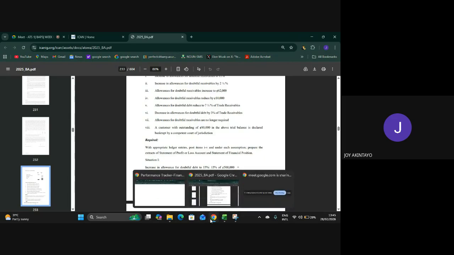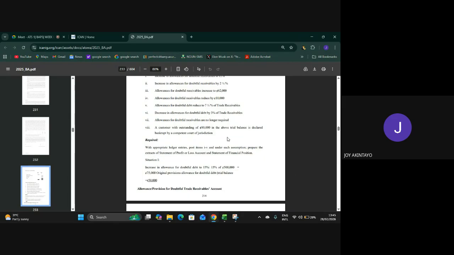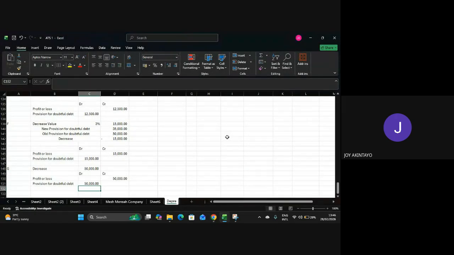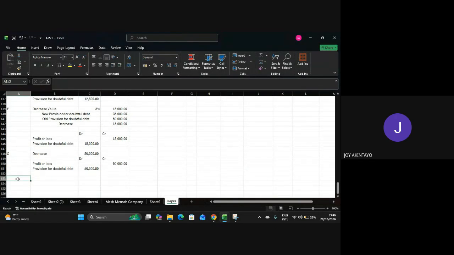We come here. So what we do is bad debts. We recognize our bad debts because we can't get it. Someone being declared bankrupt, is it possible for that person to pay? No. So we are not expecting the money from him again.